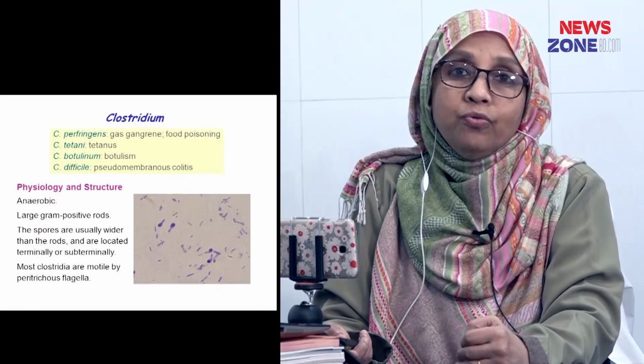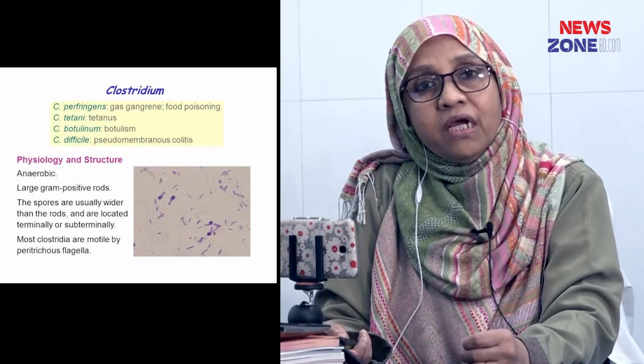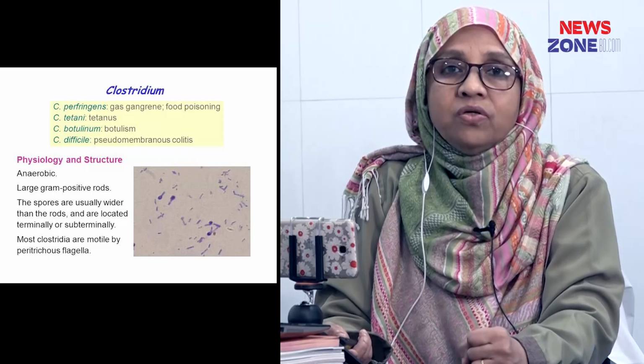There are also a number of Clostridium species that contribute to gas gangrene, like Clostridium septicum, Clostridium edematiens, Clostridium sordellii.